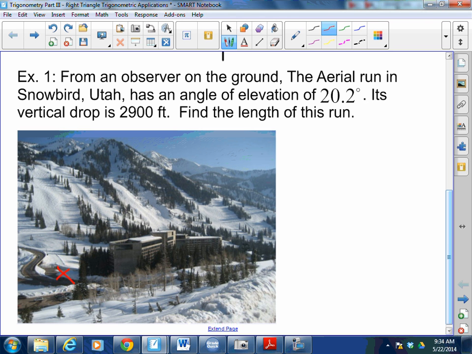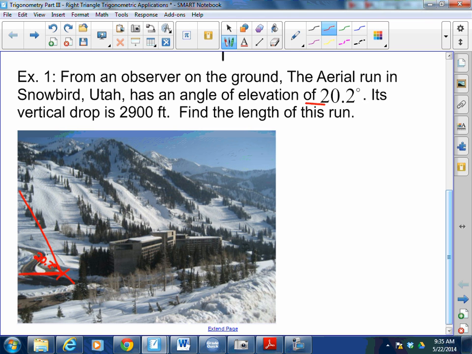From an observer on the ground, the aerial run in Snowbird has an angle of elevation of 20.2 degrees. So my baseline was here. He's looking up at the mountain, and that's got an angle of elevation of 20.2 degrees.